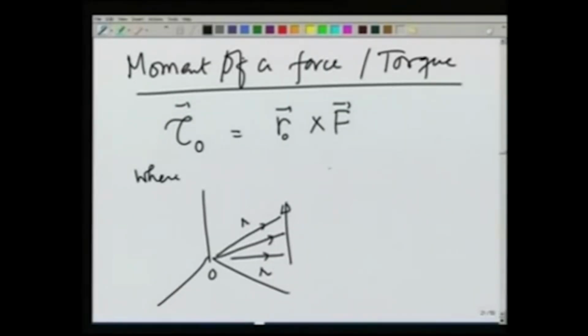If there are many forces, then the total torque is going to be equal to the sum of all these torques, which is going to be summation R_i^O cross F_i.